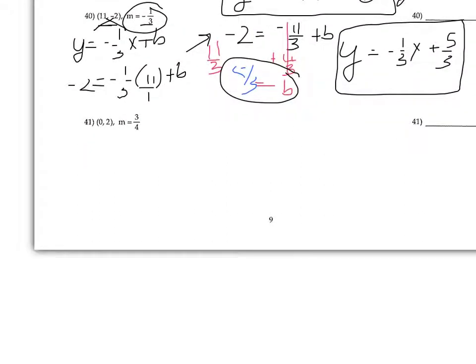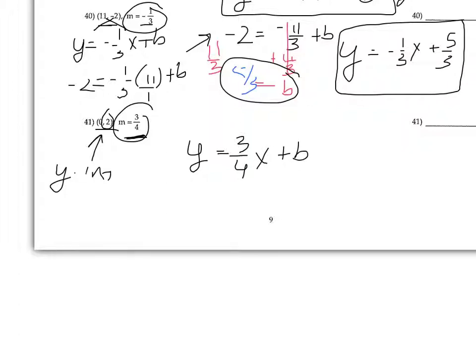Okay, now the last one here, we're given a point on the line and we're given the slope. But notice, because it's (0, 2), this is actually the y-intercept. So we're given our m, but we're also given our b. So notice, we could also do the same procedure we did before to find it. We could say y equals 3/4 x plus b.